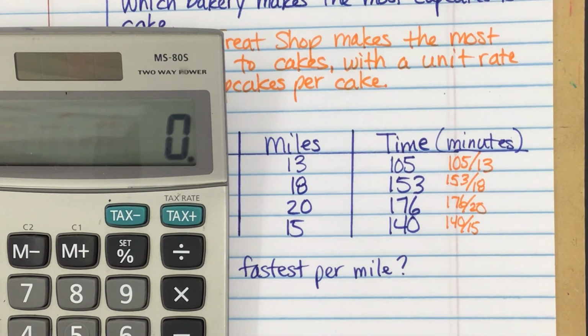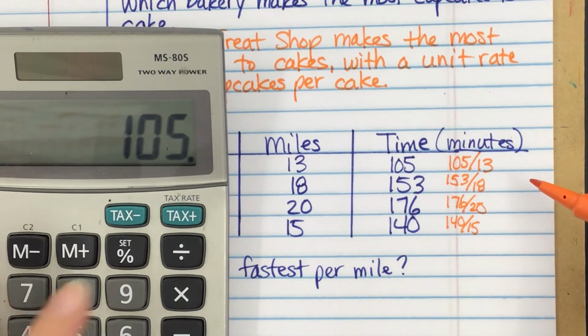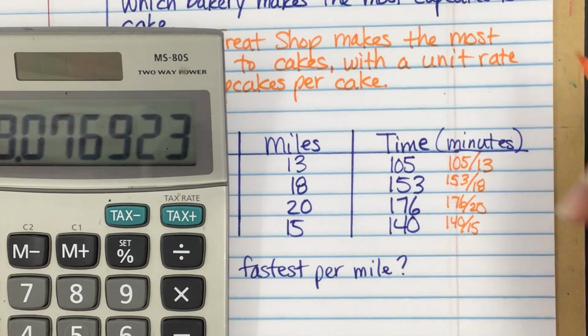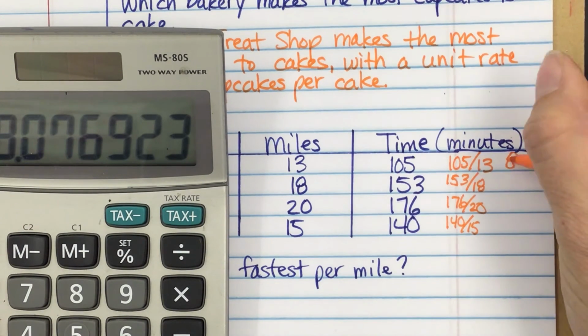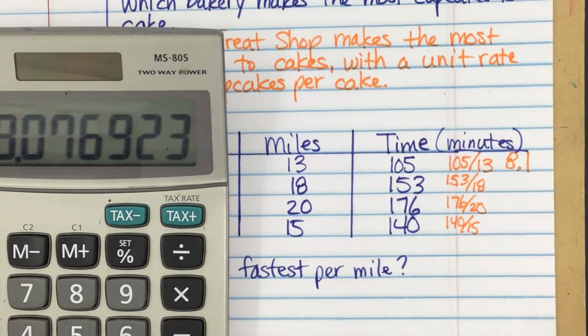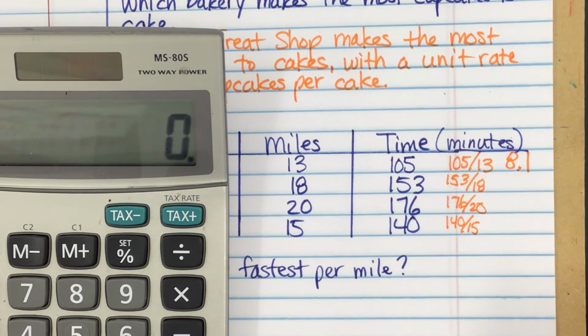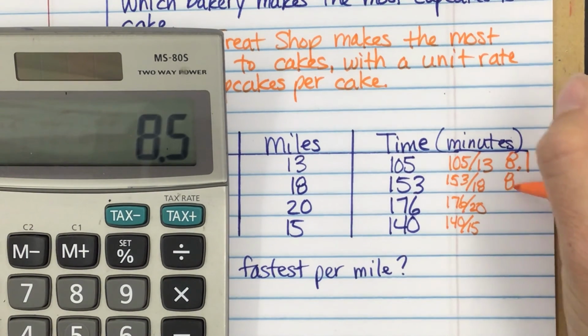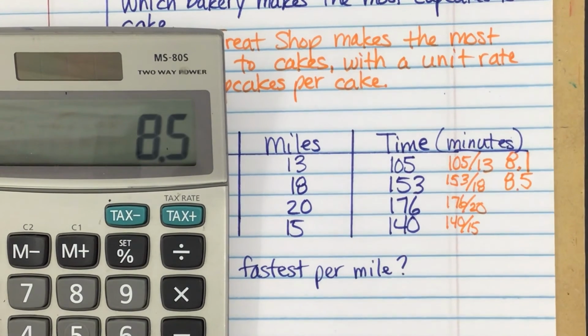All right, let's go ahead and take a look at this. So I'm going to do 105 minutes for 13 miles. And so we get like an 8.1 miles per minute, or minutes per mile, sorry. 153 divided by 18. That's an 8.5 minute mile. 176 divided by 20.